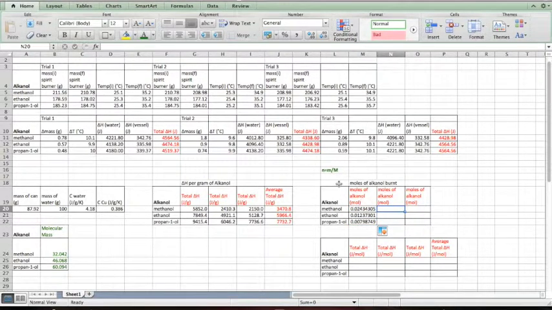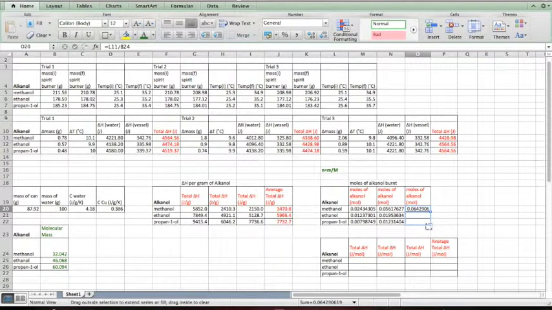Now, for this one, we are doing trial 2, and once again over the molecular mass and drag it down. And then for the final trial 3, the mass divided by the molecular mass and drag it down.